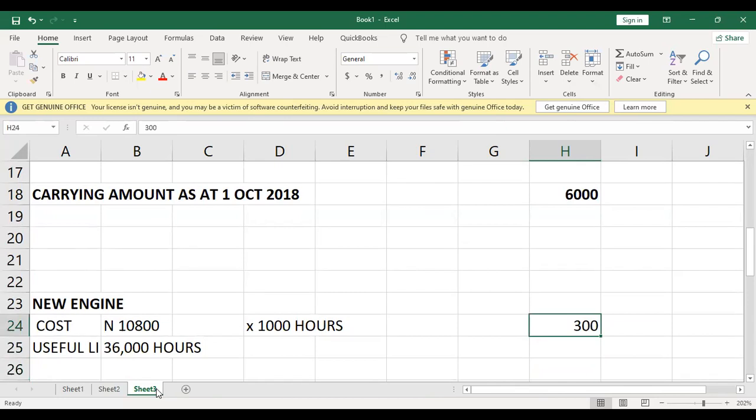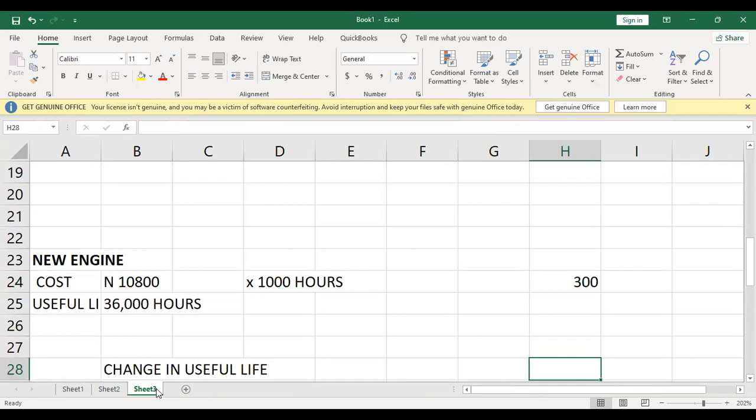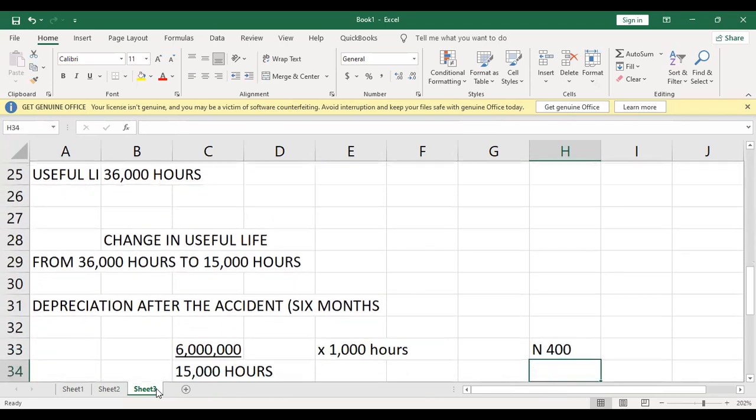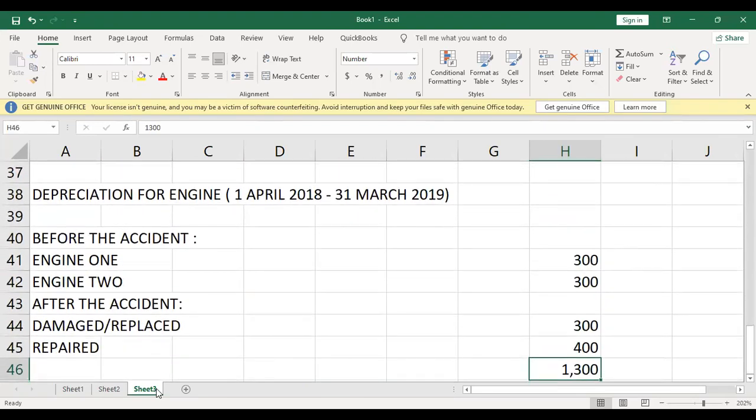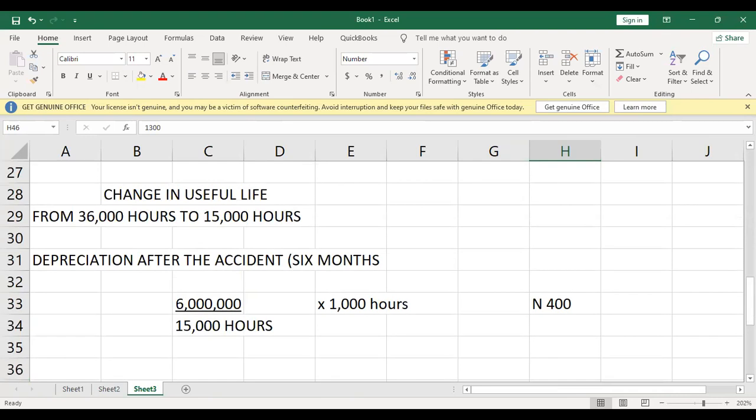Then after the accident, we now had another one of 400,000. But the total depreciation you calculated was 1.3. If we go by what we worked, we just had 300, 300, and 400, which is not up to 1.3.